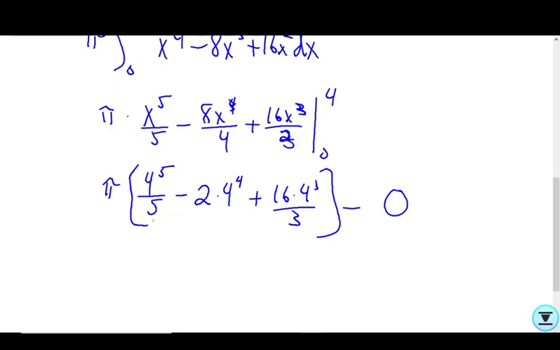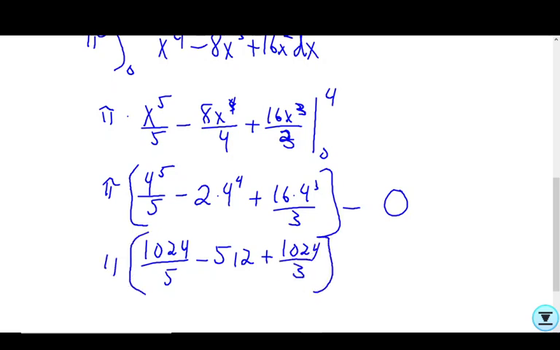Now 4 to the 5th power is 1024 over 5, minus 4 to the 4th power, which is 256, times 2, 512, plus 4 to the 3rd power times 16, and don't forget that pi sitting out front.